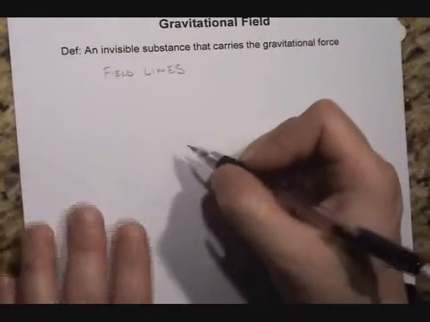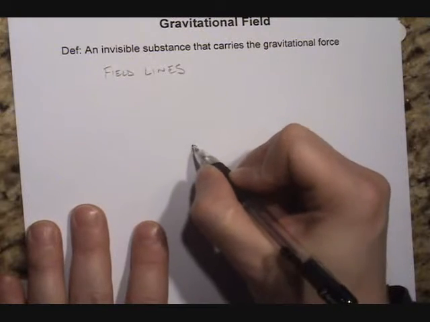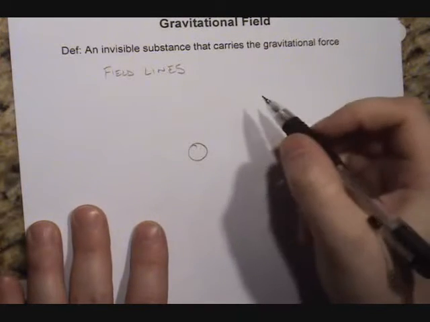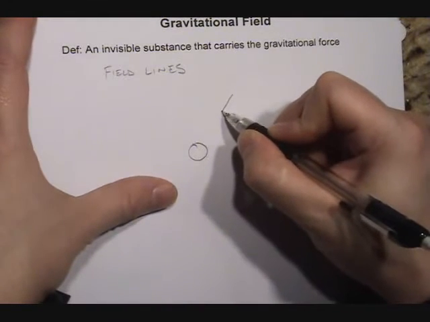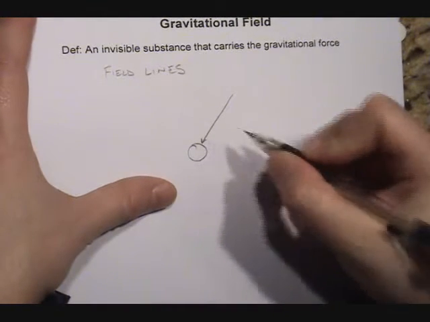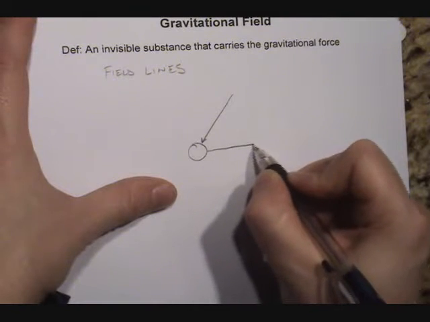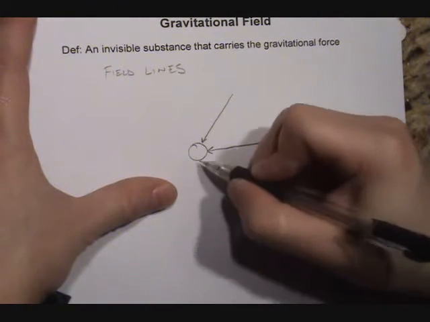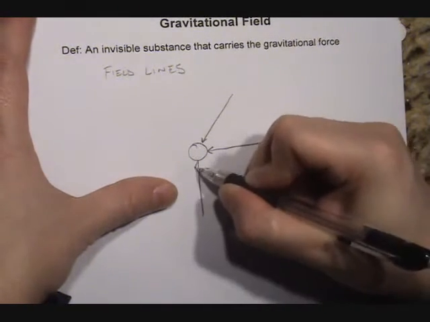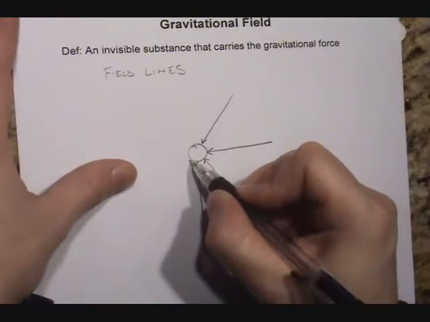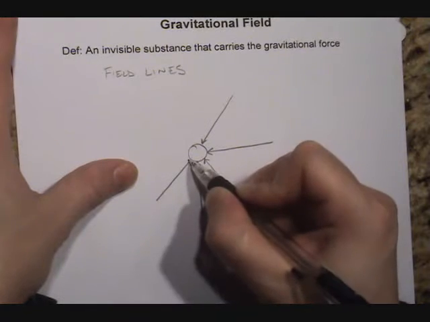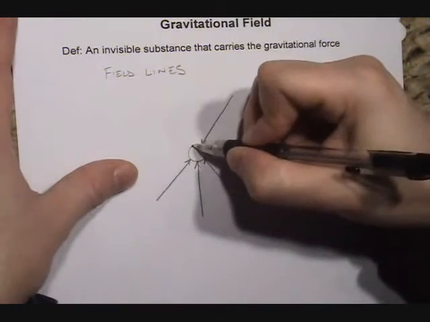So, for example, since we're talking about being off of a planet, I could draw the surface of a planet, and we imagine the field lines as pointing directly in towards the center of the planet. And in fact, they actually continue inside the planet.